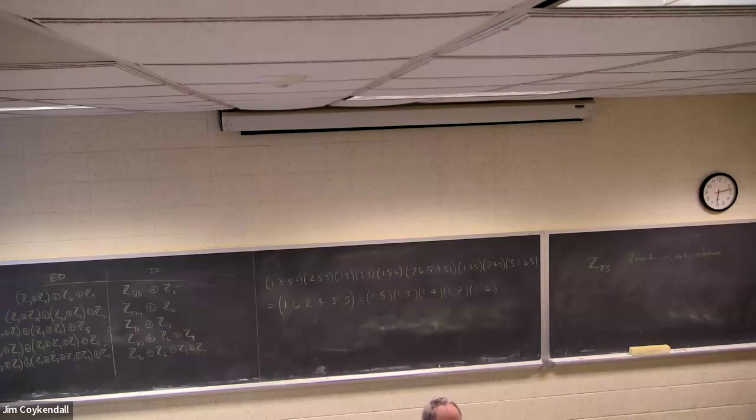How many units are there in Z73? There are 72. Well, Z mod 73 is a field.